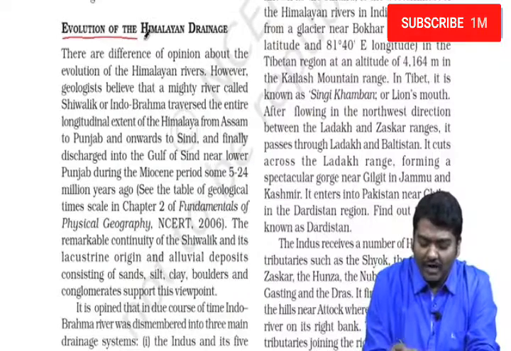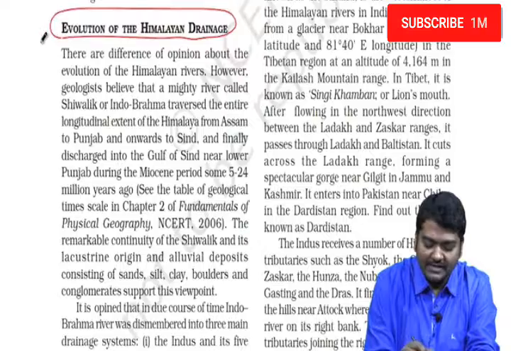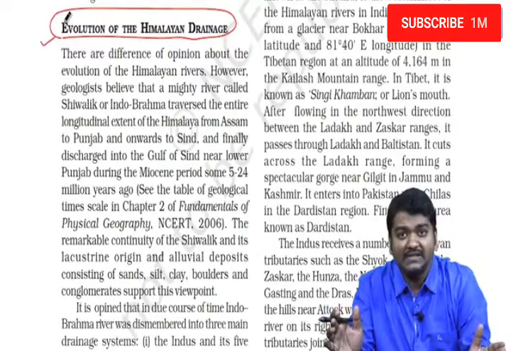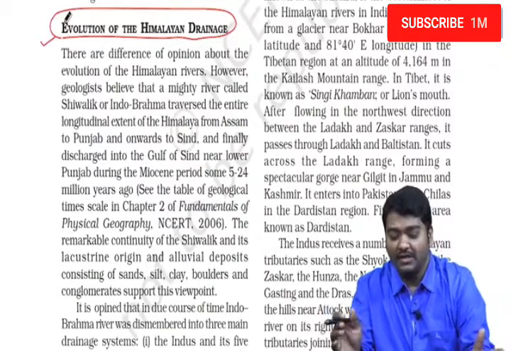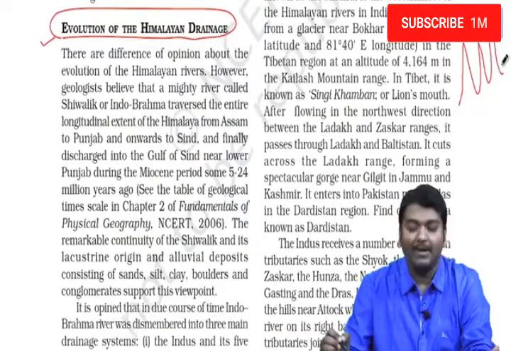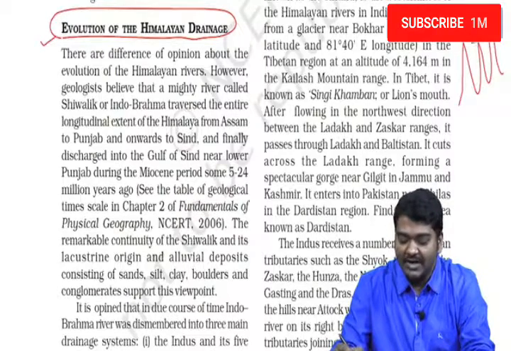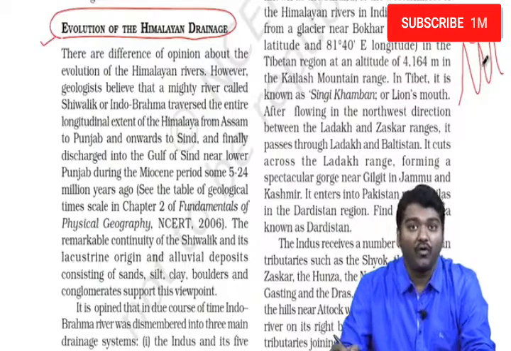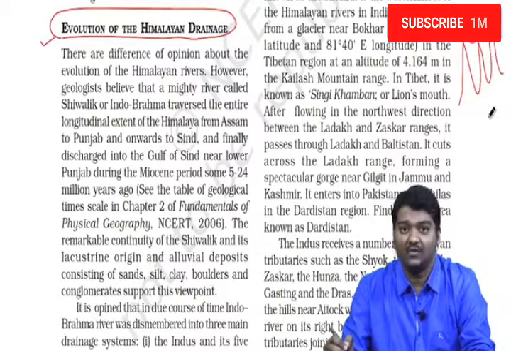When we talk about evolution of the Himalayan drainage system, we need to understand that the Himalayan drainage system is actually there because of the upheaval of the Himalayas. So glaciers are actually present near Tibet, and earlier the water used to flow into Tethys Sea, which was there.